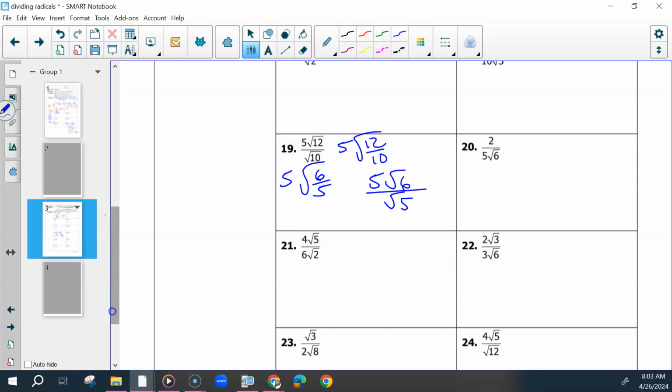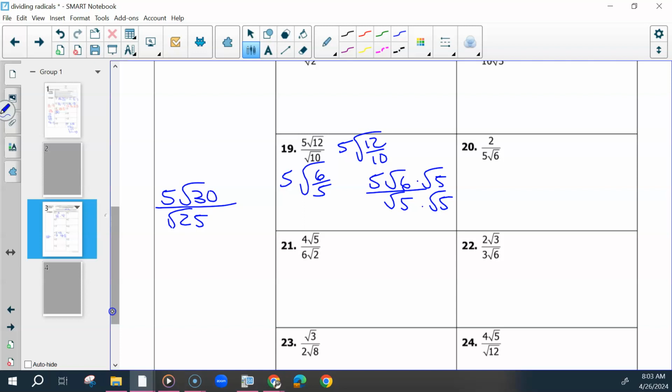Now I have to rationalize it by multiplying both by the square root of 5. So in our numerator, what would that give us? 5 times the square root of 30 over the square root of 25. Can the square root of 30 be simplified? No. It's one that cannot be simplified.